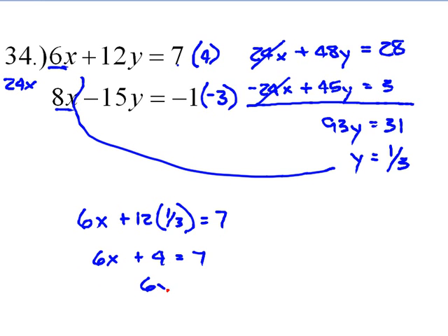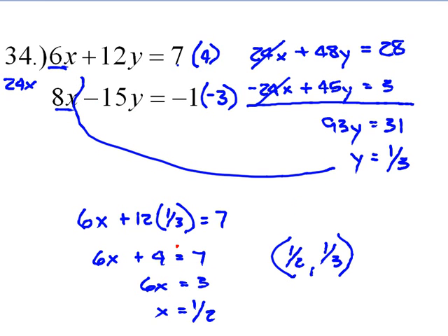And 6x equals 3, so x equals 1/2. So our common point that solves both equations, our x is 1/2 and our y is 1/3. And I really would have hated to do this one graphically.